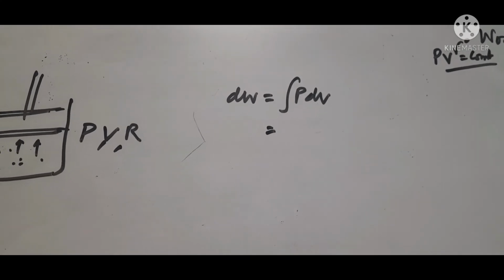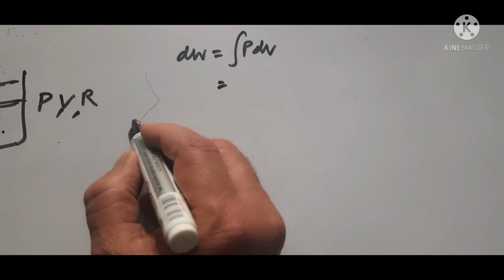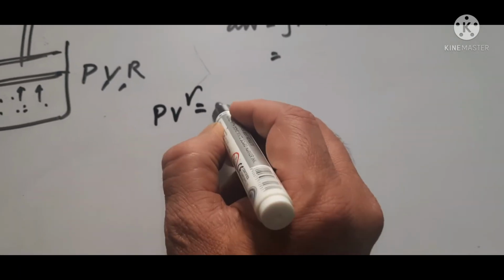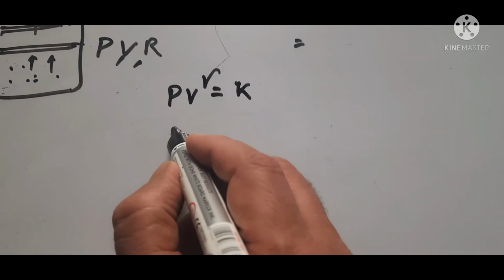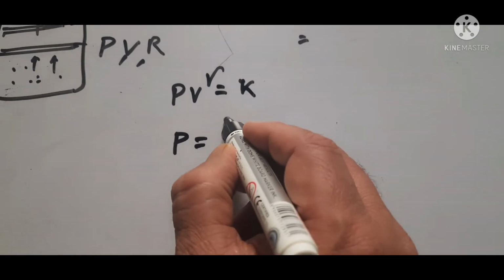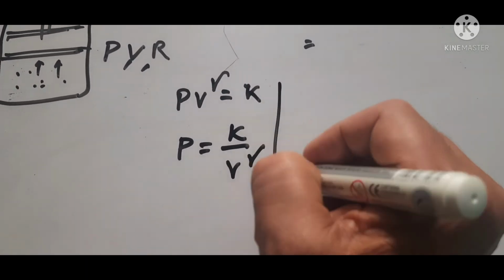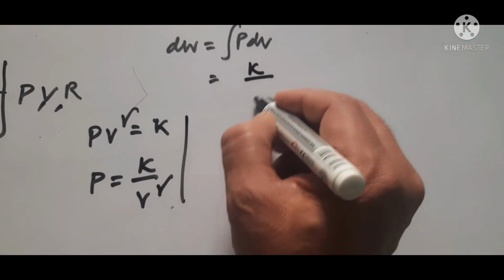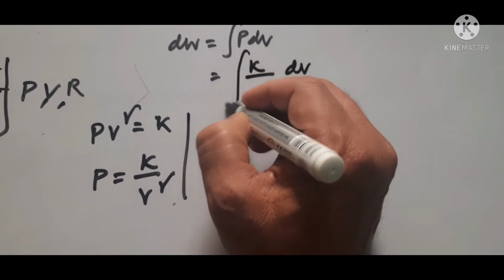Now the value of P we can find out from the adiabatic equation. PV to the power gamma is equal to constant, say K. So in place of P we can write P is equal to K by V to the power gamma. Put this value here, K by V to the power gamma dV integration.